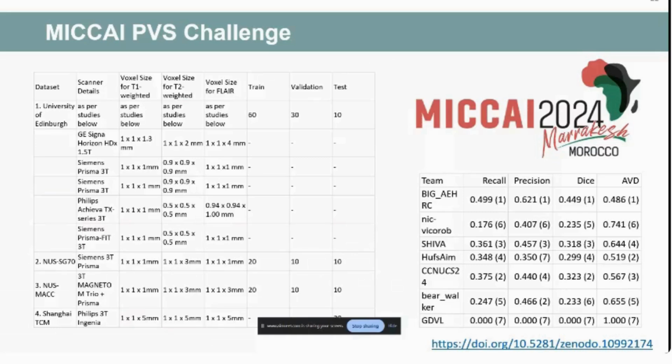Unfortunately, there's a lot of room to improve. We're still at Dice 0.44. That's really low for the best method. We're trying to be open about this and promote the groups to share their code.